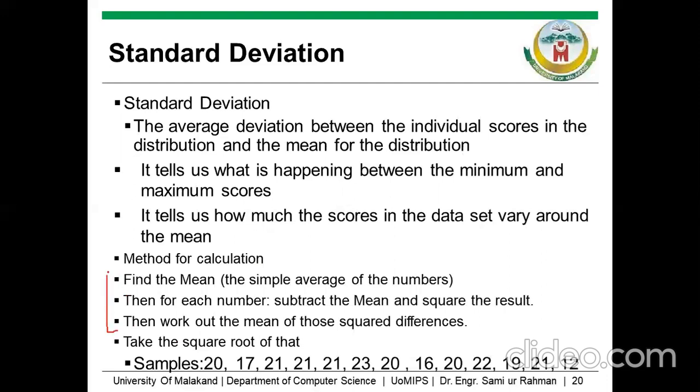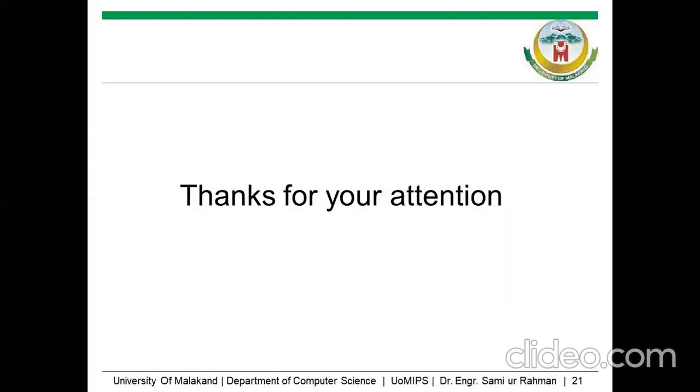These are the steps for calculating the variance, and when we add this fourth step, this gives us the standard deviation. Like finding the mean, this is what we did in variance. Then for each number subtract the mean and square the result, this is what we did in variance. Then work out the mean of those squared differences, this is what we did in variance. And then in the last step, take the square root of that mean. So this will give us the standard deviation. Okay, thank you.